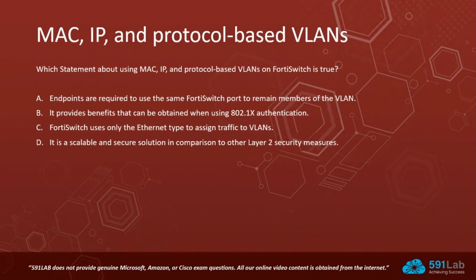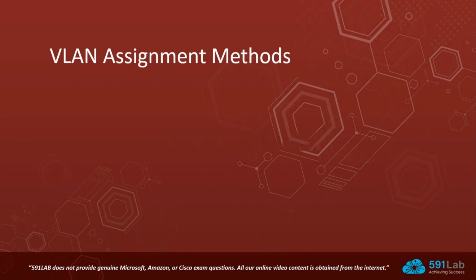Let's move to the third question. Which statement about using MAC, IP and protocol-based VLANs on FortiSwitch is true? Let's understand what MAC, IP and protocol-based VLANs are in FortiSwitch.